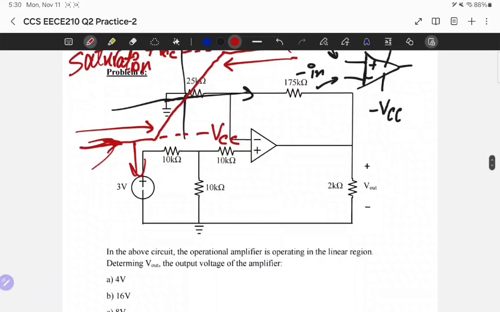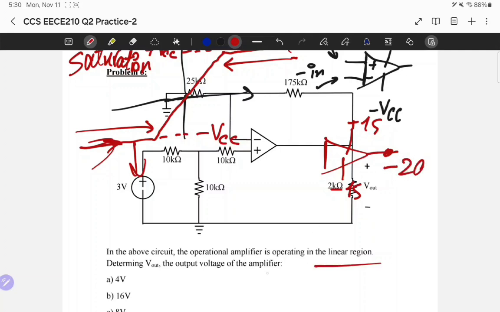So let's say, for example, I have an amplifier that looks like this, plus 15 and minus 15, and I found a voltage in here which is minus 20. Well, minus 20 is less than minus 15, so I say the operational amplifier is saturated.